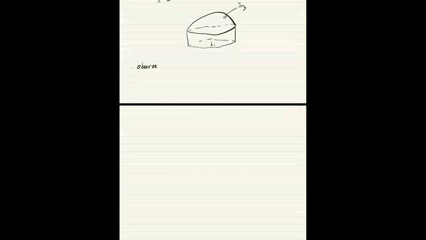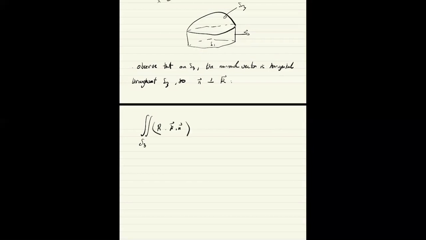Observe that on S3 the normal vector is horizontal, so N is perpendicular to K. So if you compute the integral over S3 of R k·n dS, it would be the integral over S3 of 0 dS, meaning 0. So it doesn't really matter.